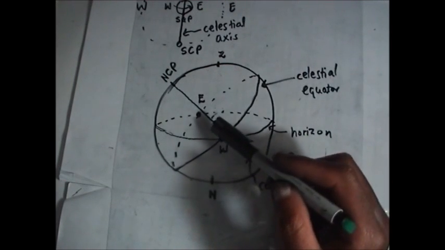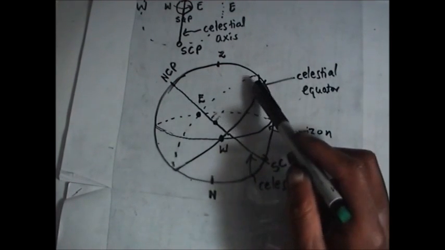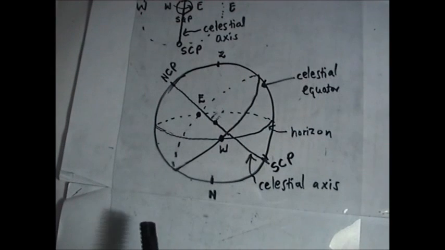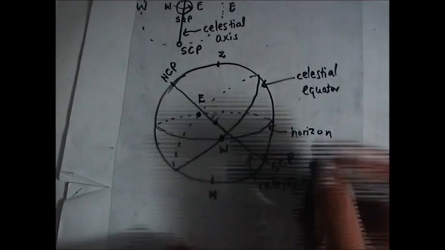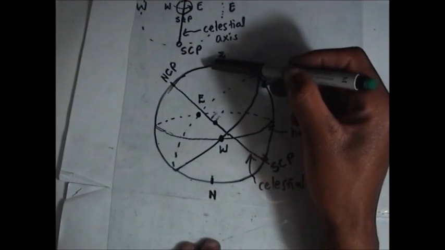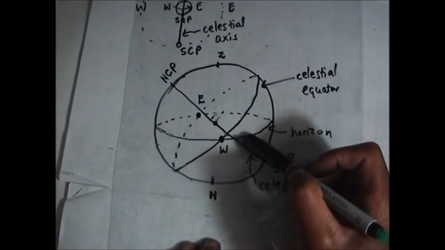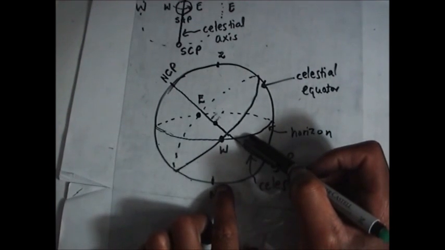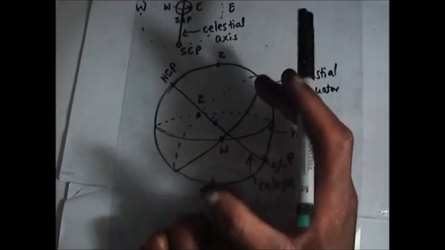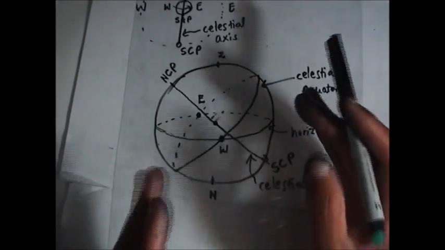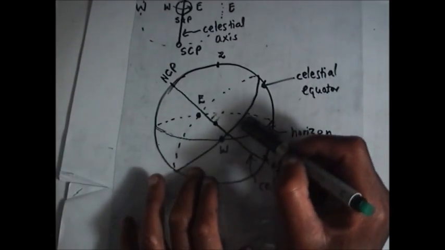Now, great circles perpendicular to this equator are called hour circles. Remember in our vertical system we drew circles that cut the horizon and then went to the nadir. But in this equatorial system, everything is done with respect to the equator.